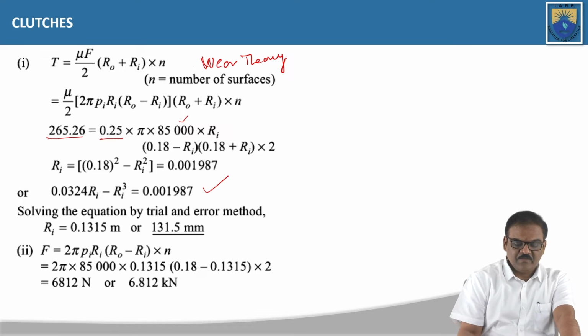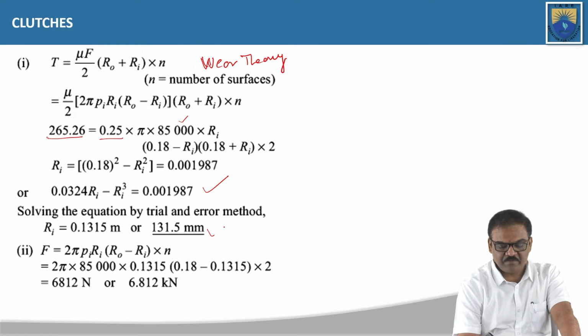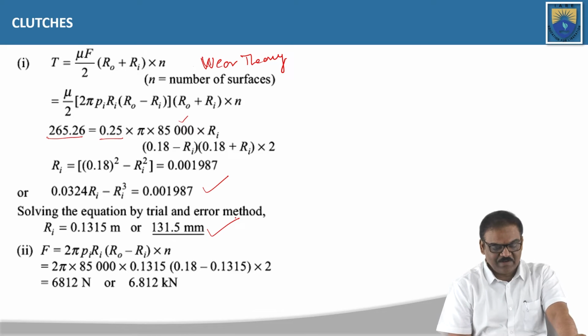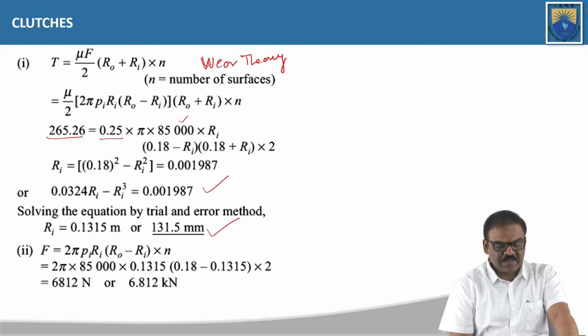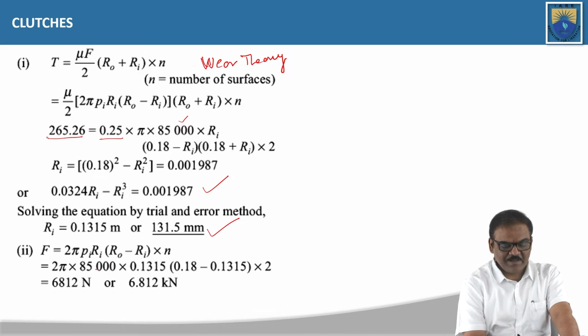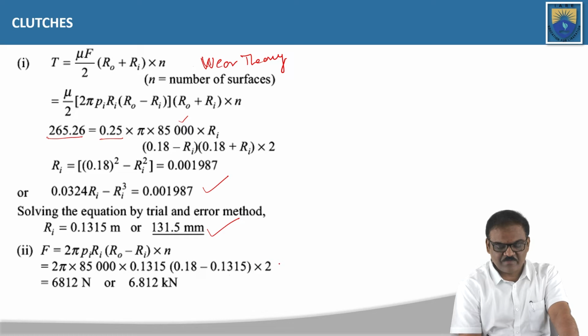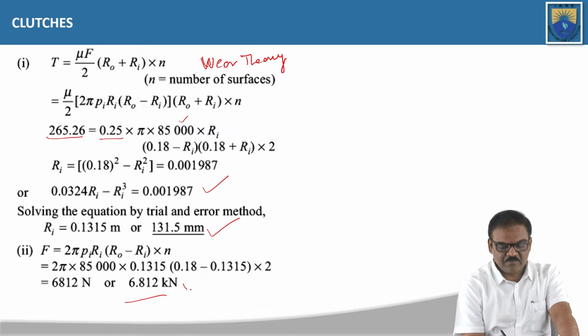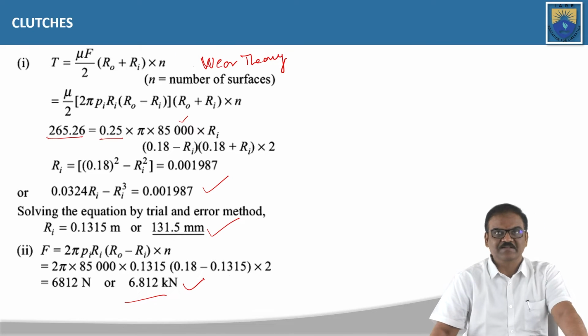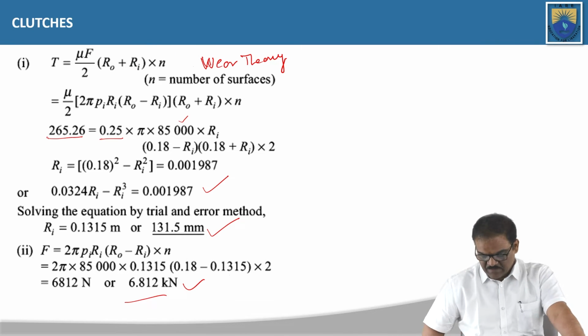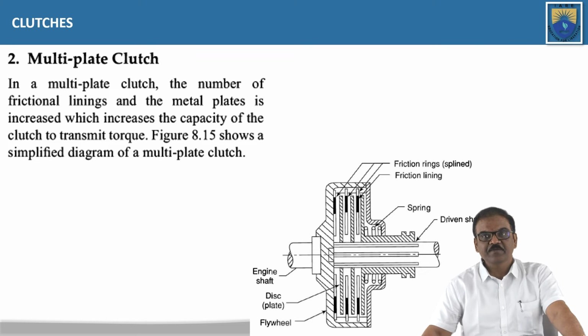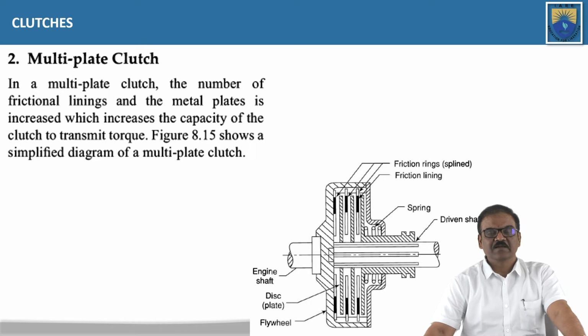By solving it, we have got 131.5 millimeters. Therefore, the axial force that is required is reduced as 2 pi into pressure into Ri, and this value into the number of surfaces 2, and this is going to be the axial force that is required.